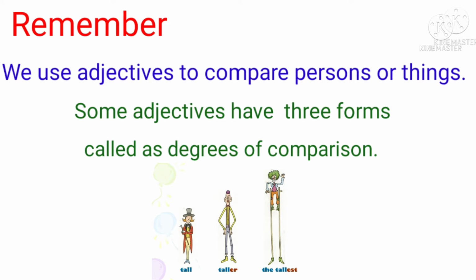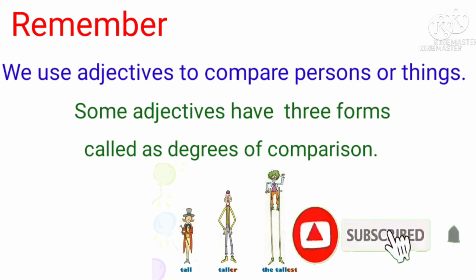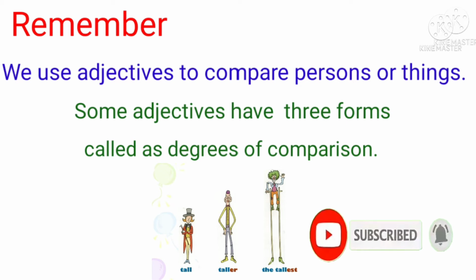And the third person is Ramchand, so we can say Ramchand is the tallest of the three. Are you getting my point? That is how we are comparing the height of these three men.